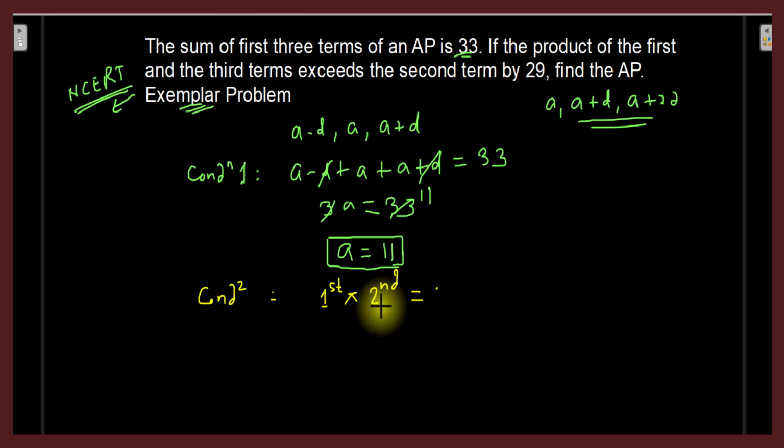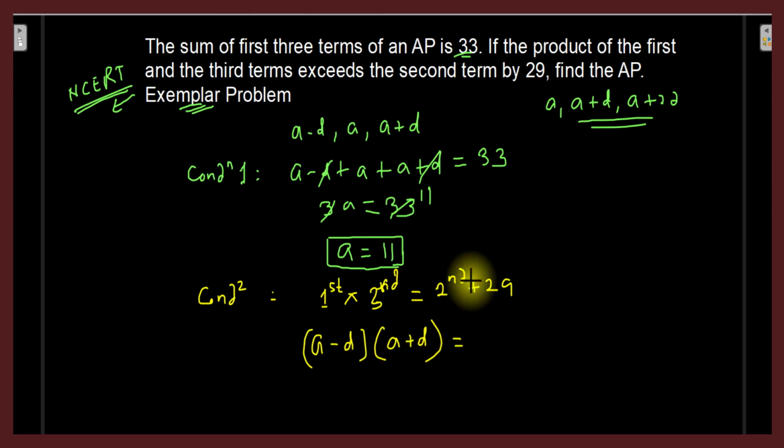This is the condition. The first term we have taken as A minus D. So A minus D, into another bracket, the third term, that is A plus D. This is the product of the first and the third term, and that is equal to 29 more than the second term. The second term is A. So it will be A plus 29.